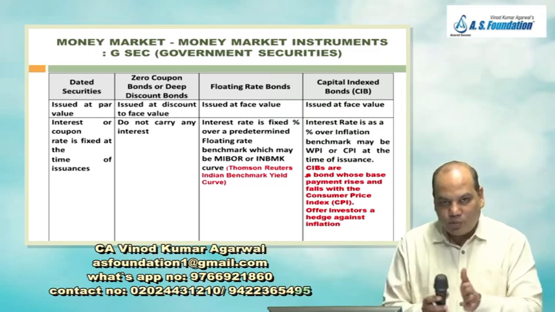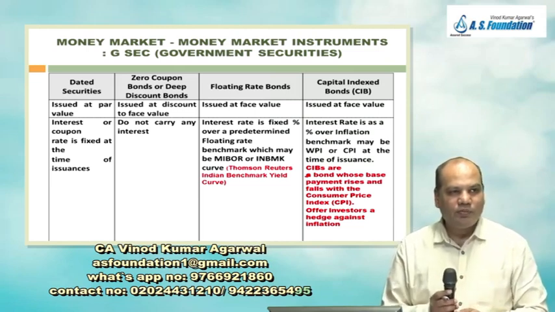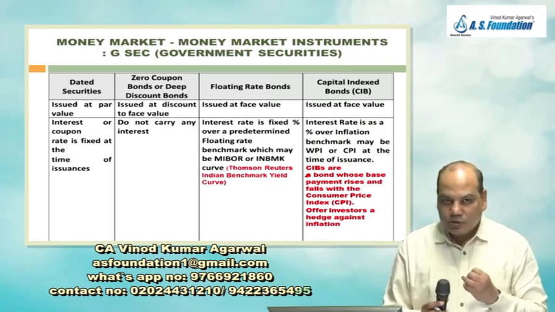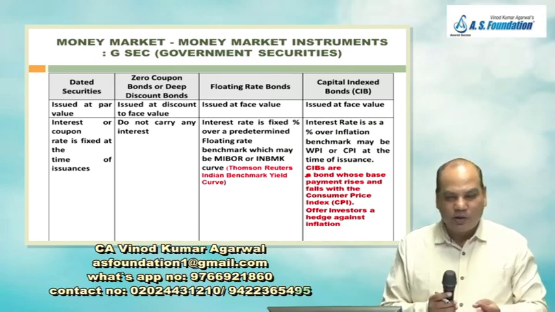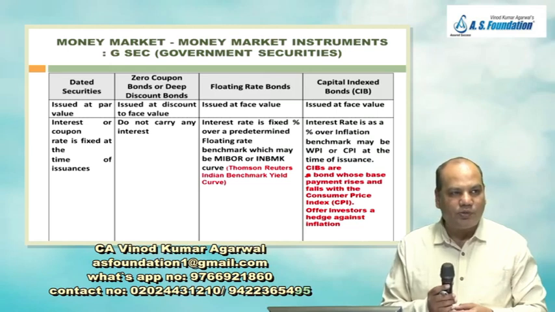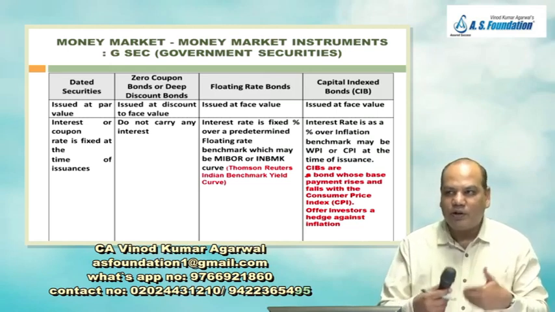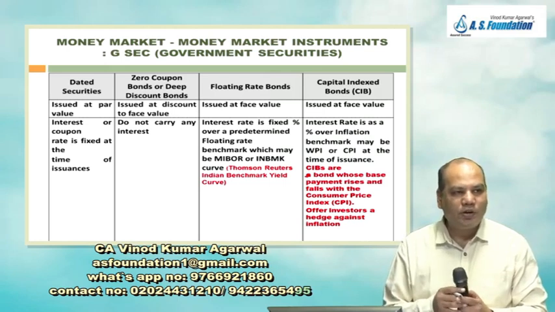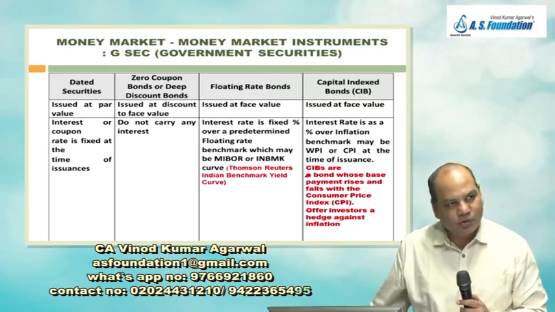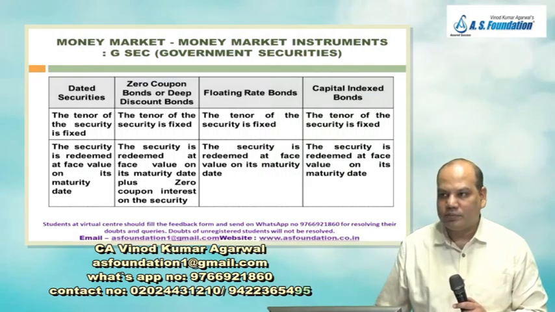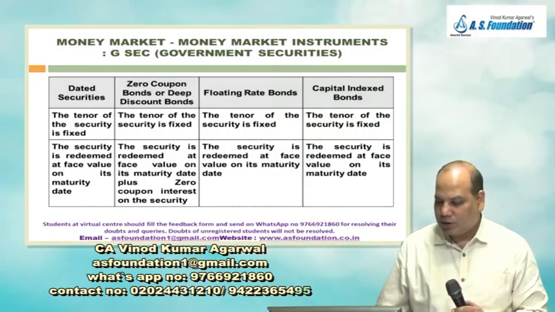So then people will move away from government bonds. Government will not be able to raise funds. So therefore the suggestion given by RBI is that we should issue capital index bond so that it will give investor some percentage over and above the inflation rate. So to hedge the investor against inflation, these capital index bonds are issued.